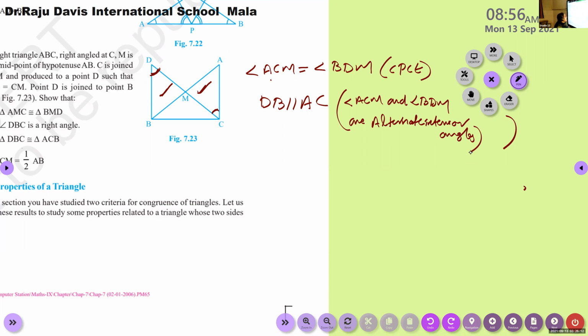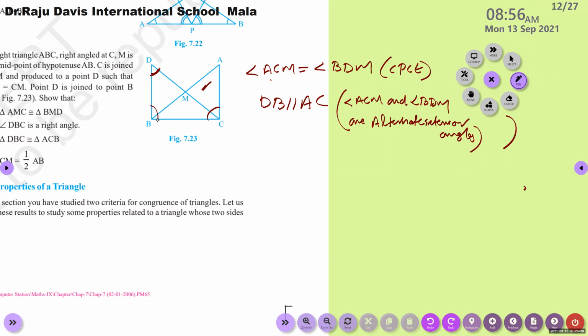If DB is parallel to AC, what about these two angles, ACB and DBC? What was the name of these two angles?